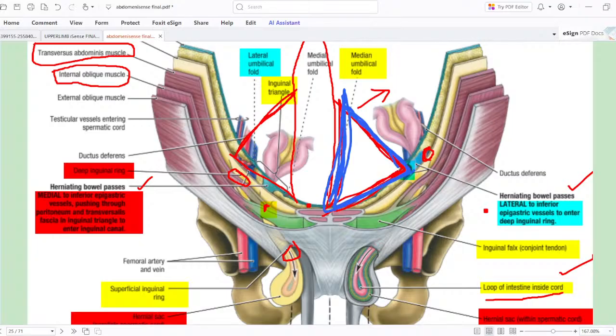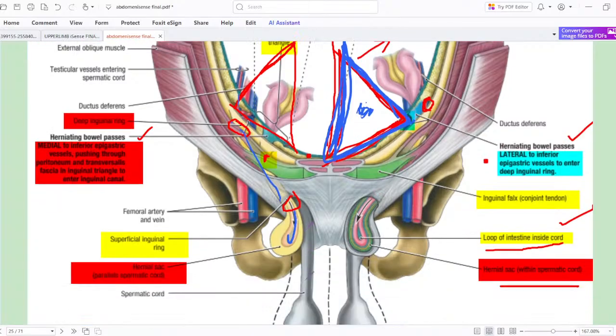If any hernia occurs directly through this weak point, it will be the direct inguinal hernia. And if it occurs through the inguinal canal, starting from the deep inguinal ring, that will be the indirect. It enters the deep ring, passes through the canal, and comes out through the superficial ring.